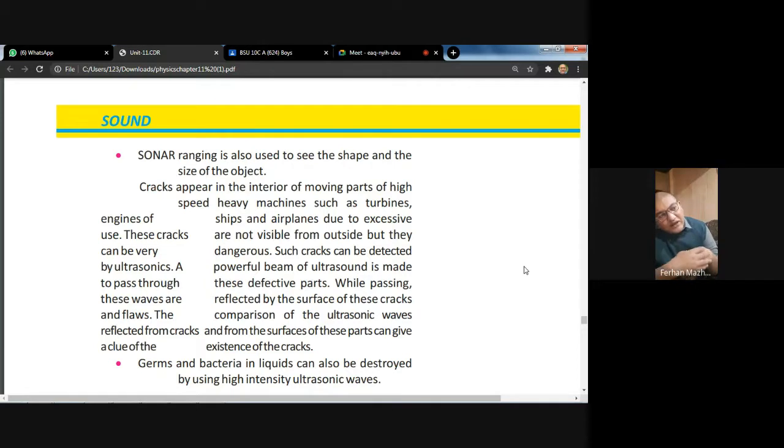Ultrasounds are used to see if there is a cavity in a concrete block or inside a wall.